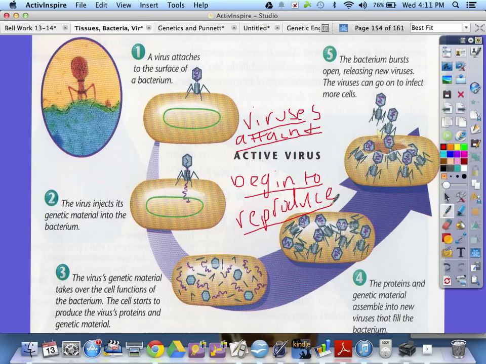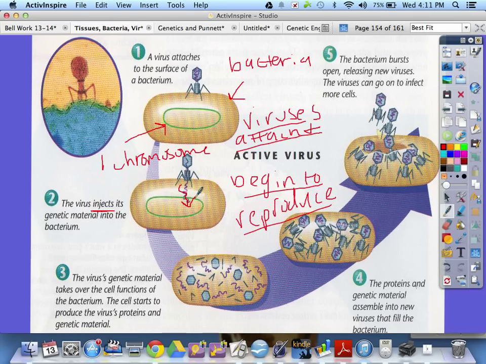So whenever you're looking at your picture, you have an active virus attaches, it's injecting its DNA into the cell. Now this is a bacterial cell, so this is one chromosome, because this right here is a bacteria. It injects its DNA into the bacterial cell.